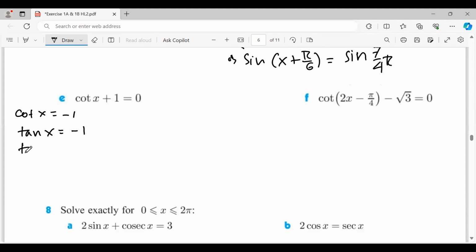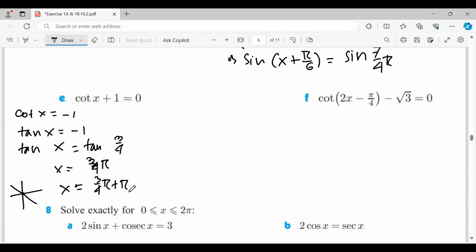So tangent x equals tangent 3/4 pi, so x equals 3/4 pi. Tangent is negative on this quadrant, and this quadrant means x equals 3/4 pi plus pi, which is 7 pi over 4.